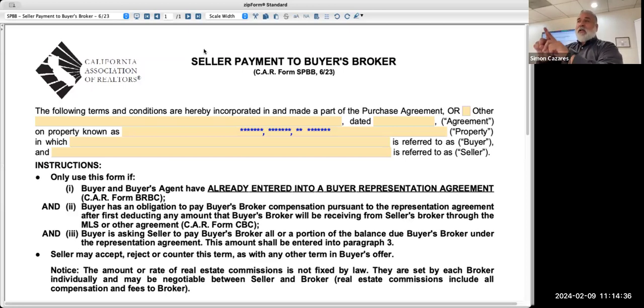Technically speaking, you are entitled to that 1% if you wanted to from the buyer to make it a 3%. Does that make sense? Okay. But you also have the option to say, look, I'm okay with the 2%. You don't have to, even though I'm entitled to that 1%, I'm not going to charge you. I'm good with the 2%.